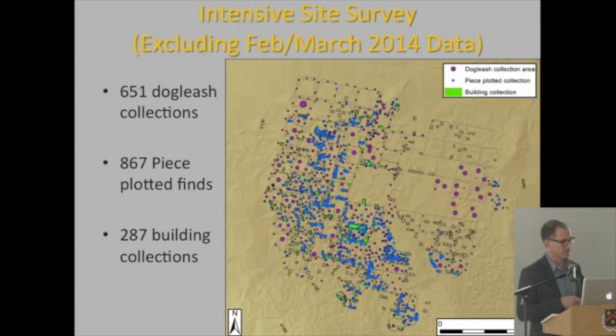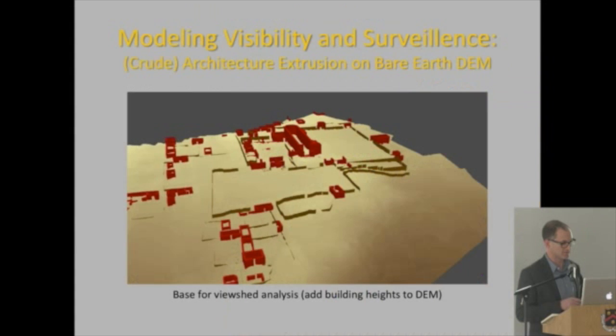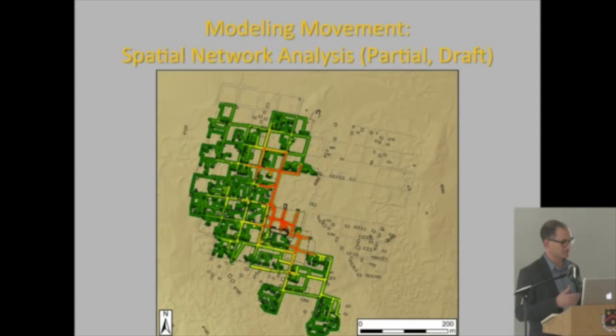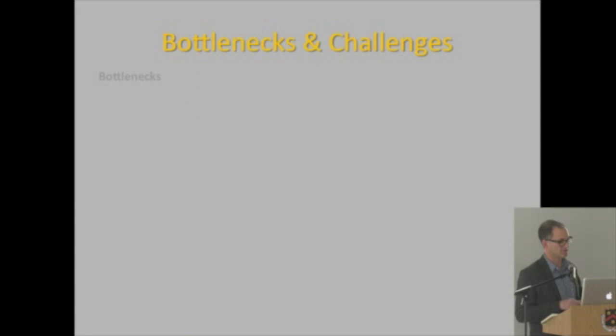And intensive site survey through this past season. All that's being integrated together, and we'll have density distribution maps of different artifact classes. We can also build in models of visibility, surveillance at the site, and models of movement. I'm working on a kind of network analysis, measuring traffic patterns through the site to the different plazas and so forth.